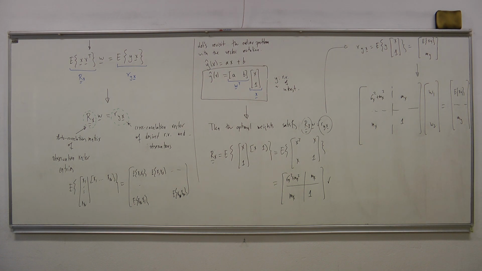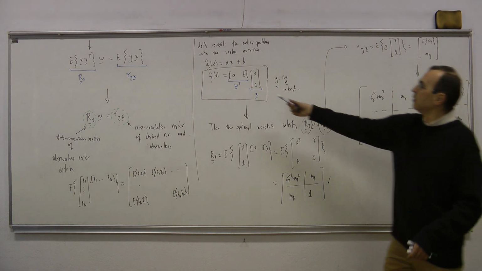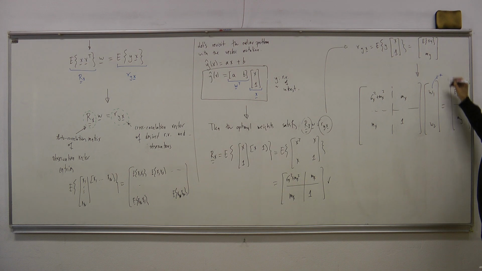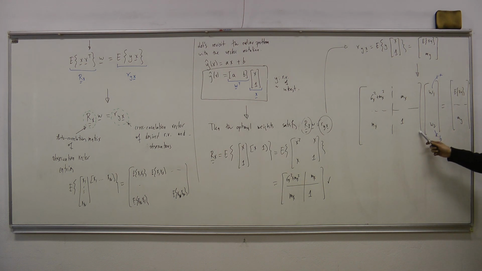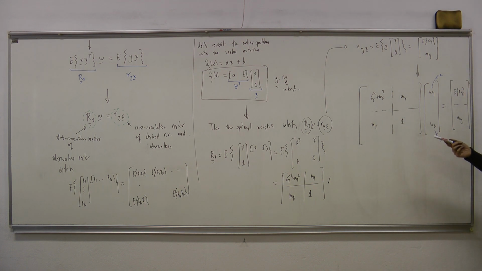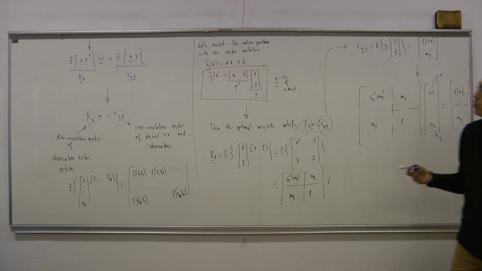Okay. So what is W1? W1 is actually A. W2 is B. Okay, so we see that this is the same equation system that we have calculated previously by differentiating with respect to A and B. Okay, but of course we don't need to do it all the time, because I know the general result.